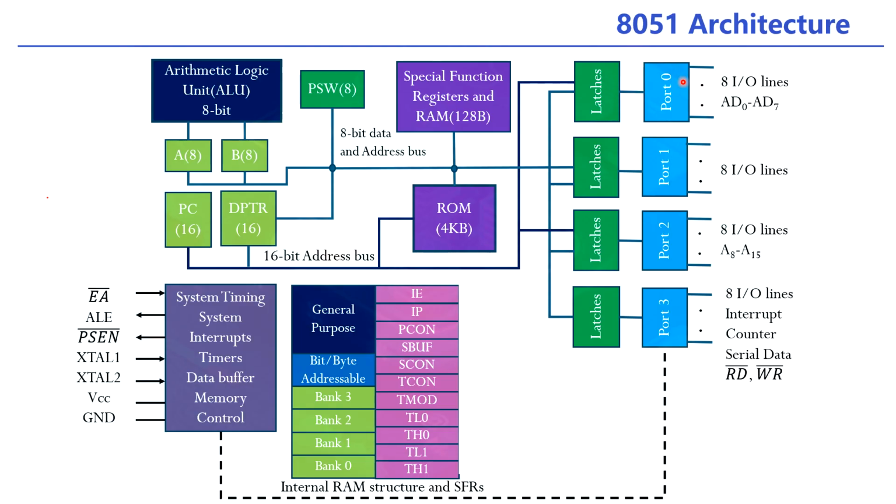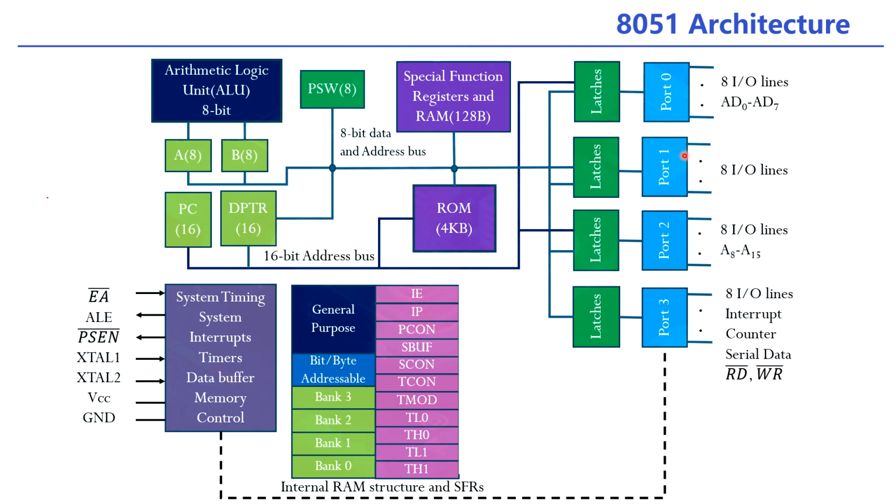Why? Because port 0 is an open drain configuration. Whenever you connect any input or output devices, this MOS transistor may be damaged. To overcome this problem, we normally connect it to 5 volts through a pull-up resistor of 10 kilo ohms. This is one of the important things we need to note for port 0.